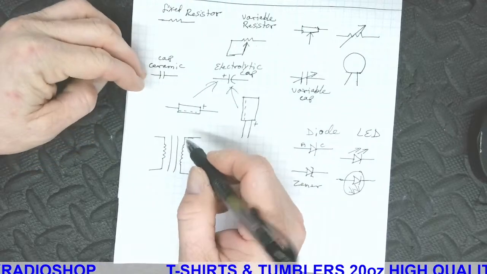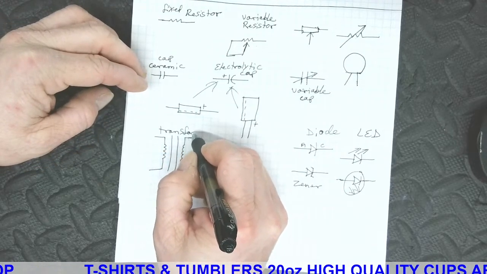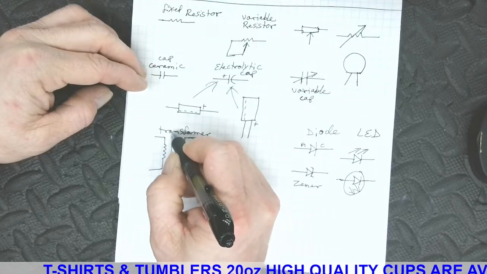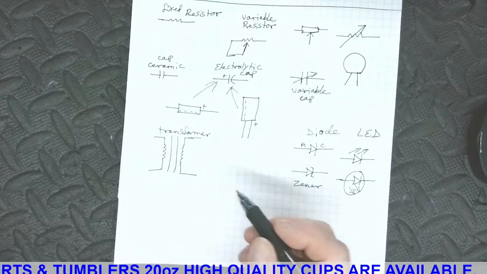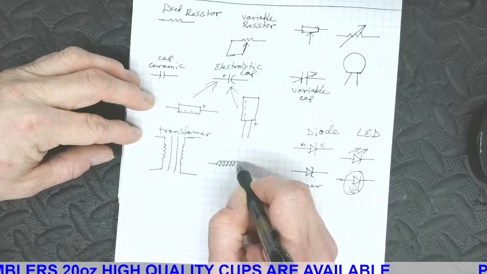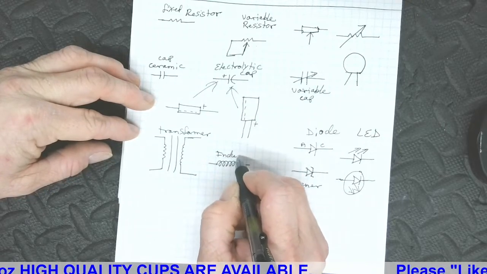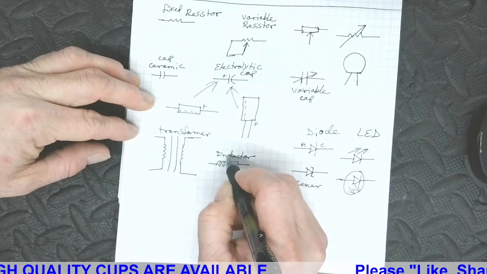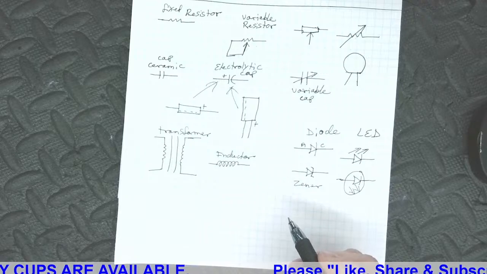This is a transformer here. Okay. You can see coils such as that would be your inductor. That's pretty much really about it.